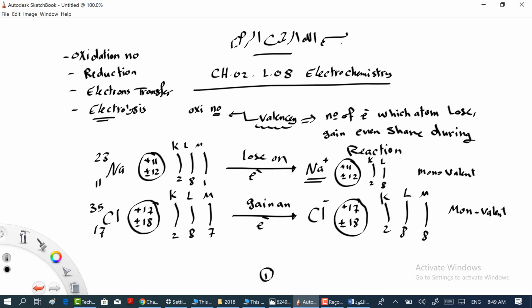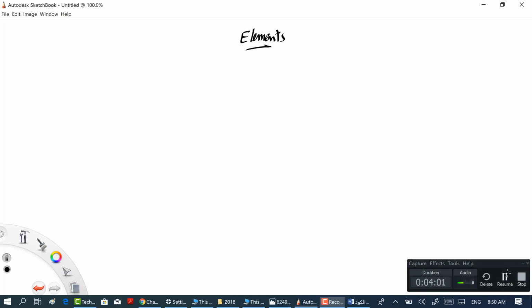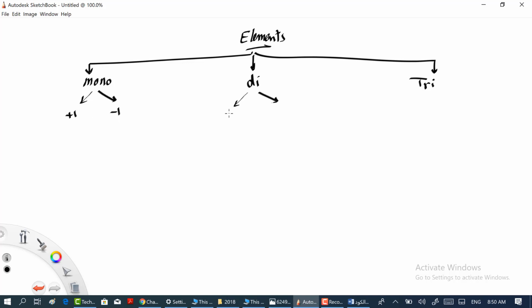If we classify the elements according to the valency, they will be mono, di, tri. Monovalent may be positive 1 or negative 1. Divalent, positive 2 or negative 2. Trivalent, positive 3 or negative 3.